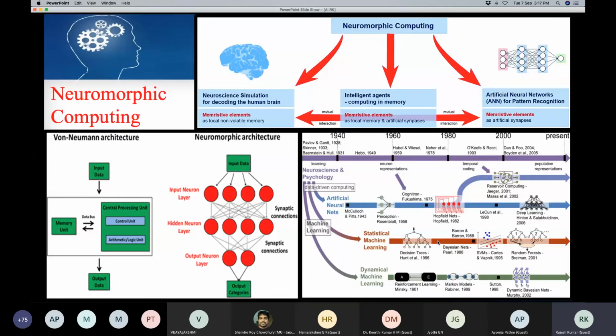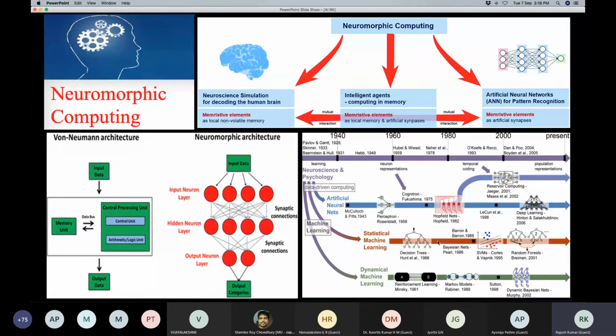And then yes, Professor Hinton from Canada revolutionized things by putting deep learning into the picture. Parallelly, statistical machines keep on working. We have decision trees, we have Bayesian networks, we have support vector machines in 95, then random forest in 2001, and another branch which is dynamic machine learning.